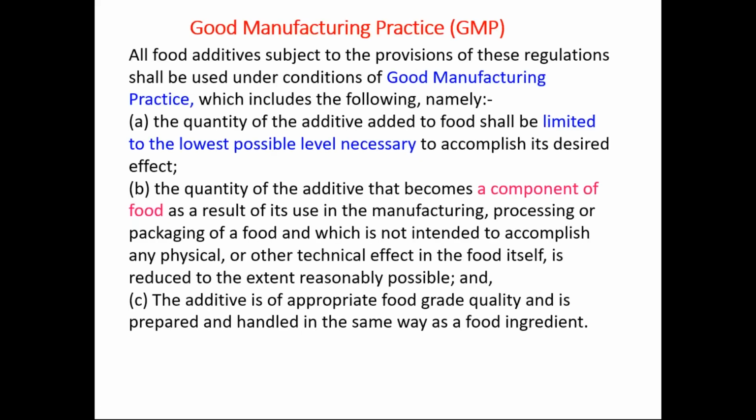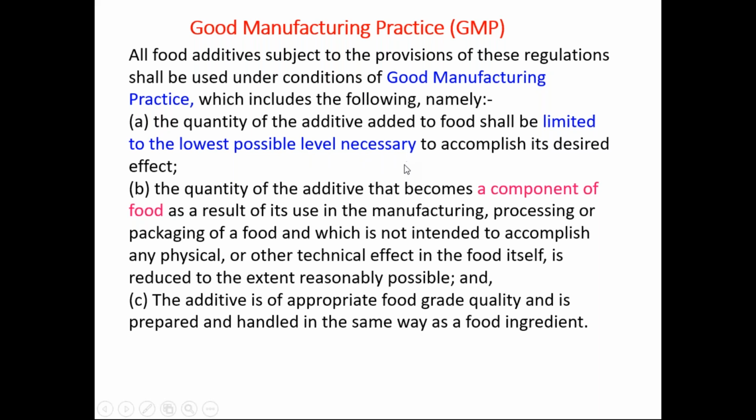The regulation also says that food additives can be added to the food subject to the provisions that they are used under GMP. Namely, the food additive used in the food will be limited to the lowest possible level necessary.